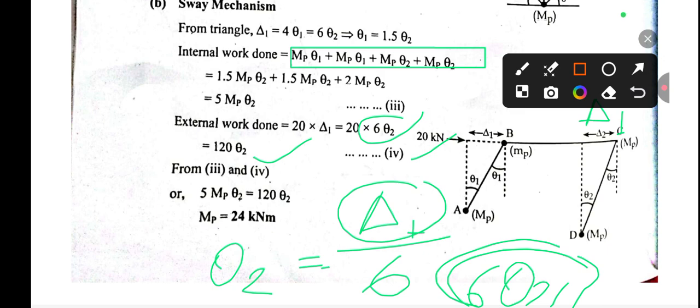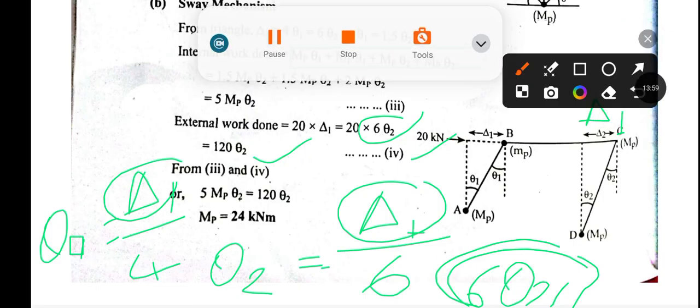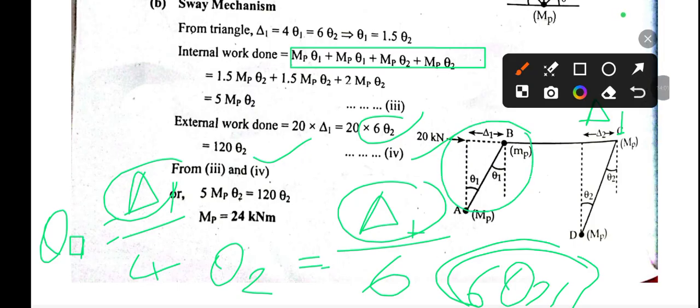For theta 1 we have written delta 1 upon 4, so delta 1 equal to 4 times theta 1. From this right angle triangle we get delta 1 equal to 4 theta 1. From this right angle triangle we get delta 1 equal to 6 theta 2.